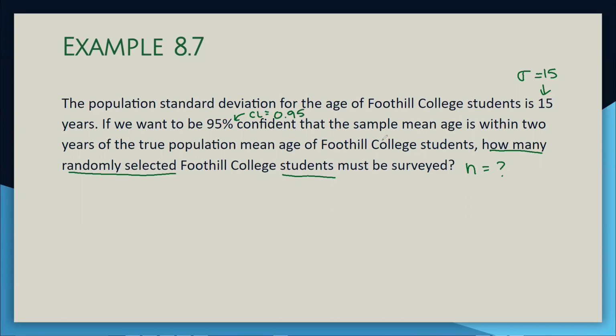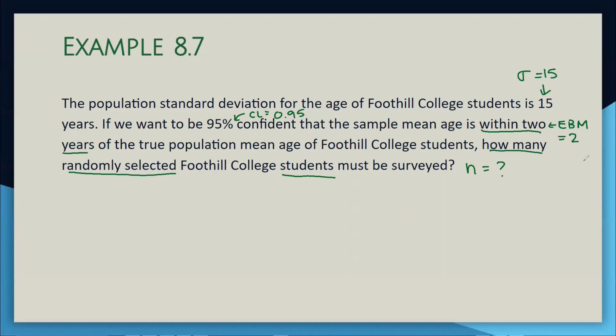And it says that we want to be 95% confident that the sample mean is within 2 years. So they're telling us that our margin of error, our error bound for the mean, is 2. When we construct our confidence interval, we want it to be the sample mean plus or minus 2. The question is, how many people do we need to make sure that error bound is equal to 2?